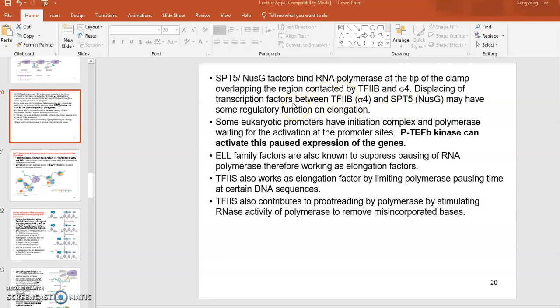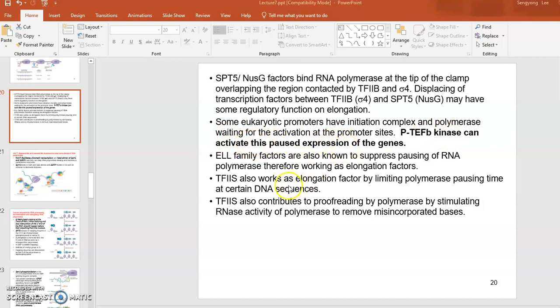Okay, and then some RNA polymerase enzymes are already in the promoter sequence area, so they're just staying there as an inactive form. In that case, this kinase enzyme, TEFB, when it phosphorylates the polymerase, can activate the polymerase. So it can start the elongation.